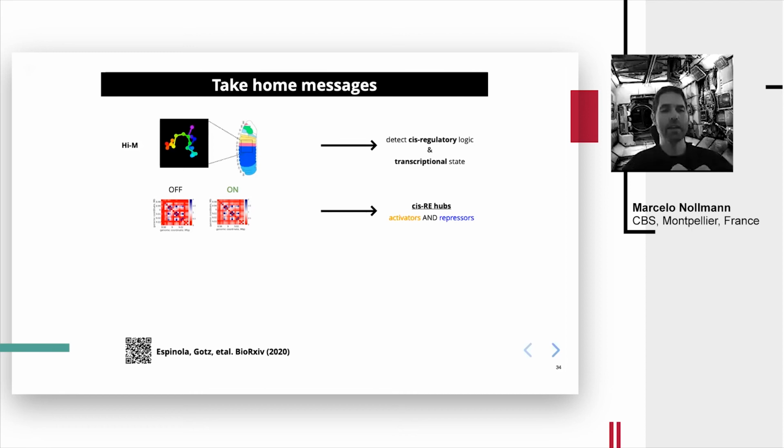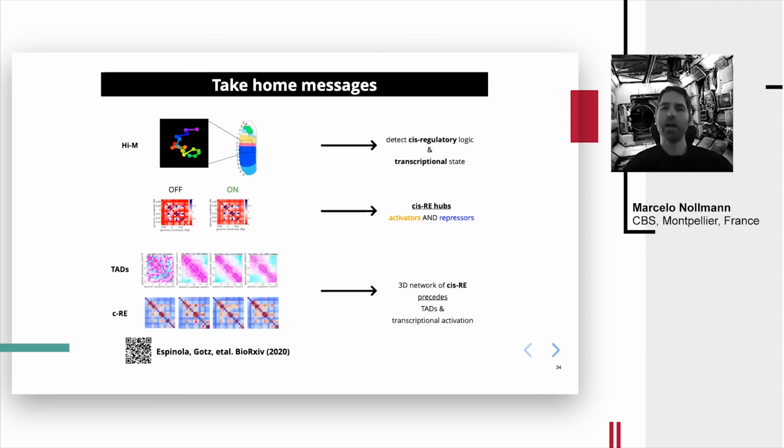We have hypothesized that this may mean that chromosome architecture can play a double role in activating transcription, but also in ensuring repression of transcription in some cases. I've also shown you that this network of cis-regulatory interactions precedes the emergence of DATs or the onset of transcriptional activation. And I should not forget to mention that similar biological results were also obtained by the lab of Juan Cavalli, and probably he's going to be talking about this tomorrow in his talk.